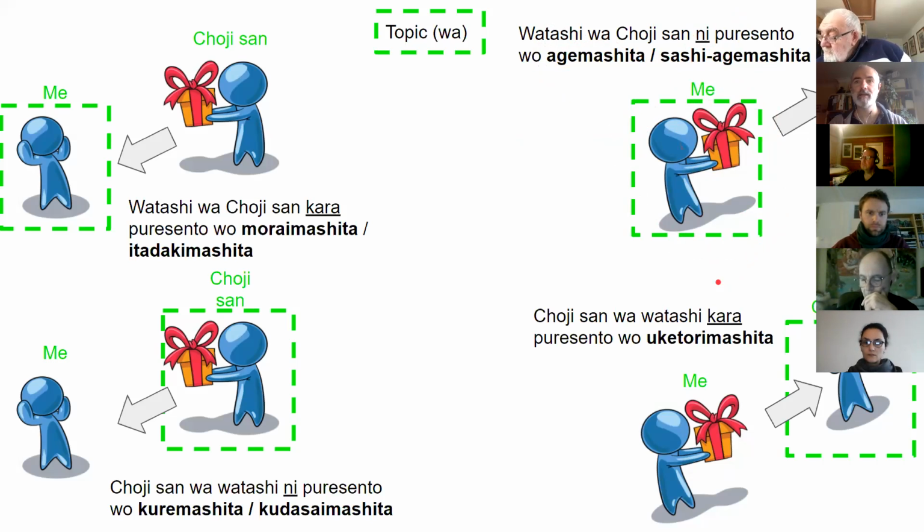And then finally, this is quite a rare case to have this sentence. Most people don't use this way. If the recipient is the receiver and they are also the subject or the topic of the conversation, then it's Choji-san wa, so he's the topic, watashi kara, so we go back to kara again, present o uketorimashita.